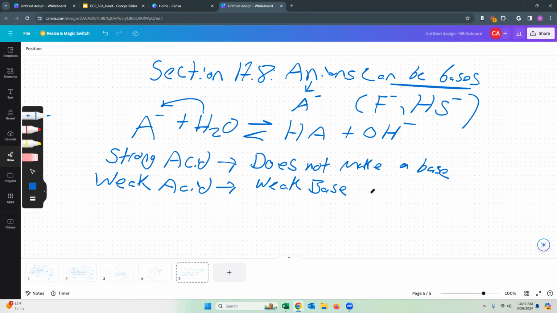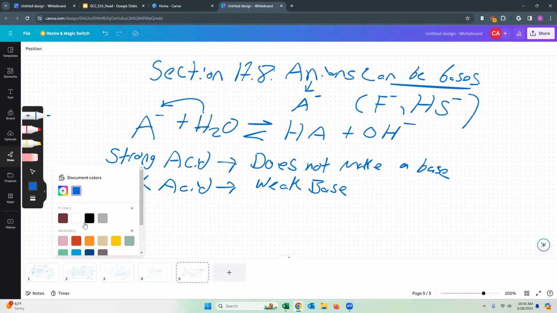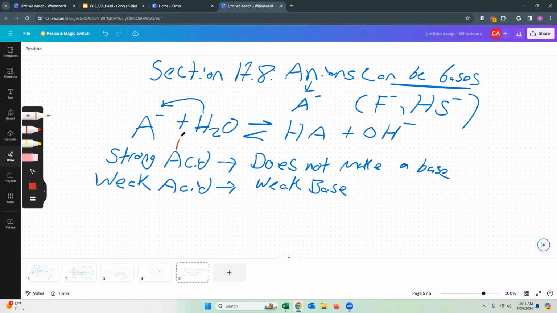So a strong acid can't make a base. A weak acid can make a weak base, and vice versa. A strong base, I can use the other words here, does not make an acid. A weak base does make a weak acid.